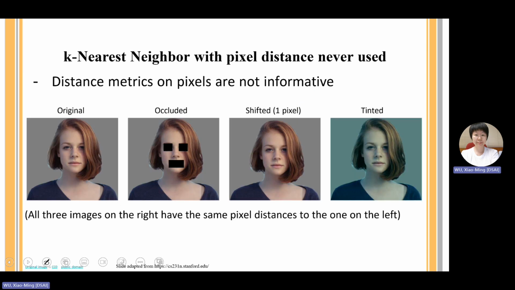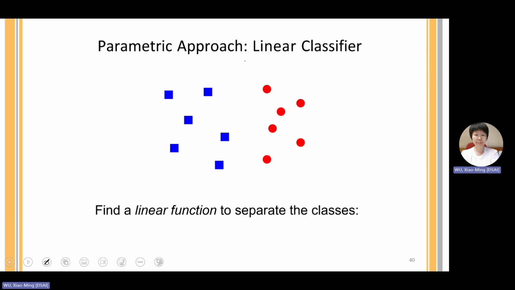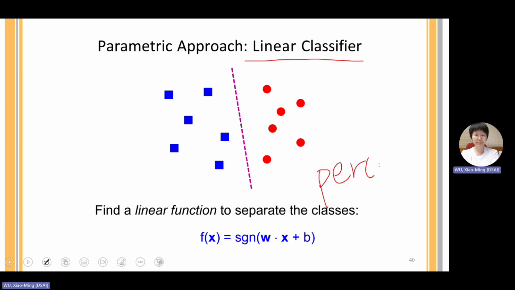Okay. So we're going to introduce one last classifier for the classic pipeline, and this is the linear classifier. This classifier is called perceptron. You may have heard of multi-layer perceptron.